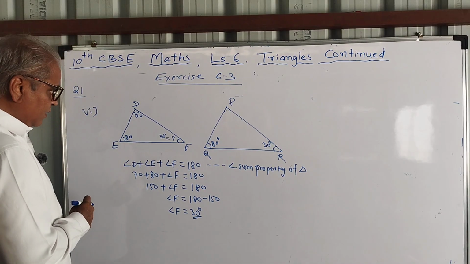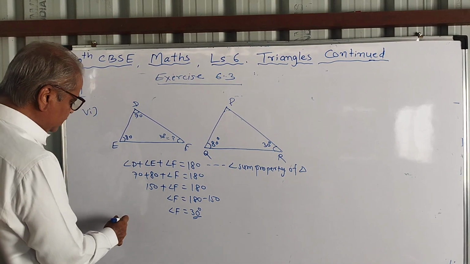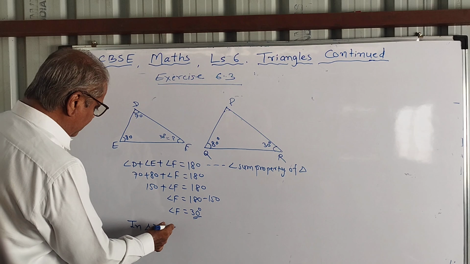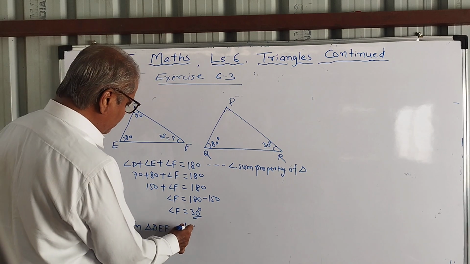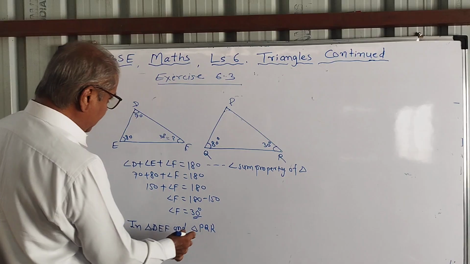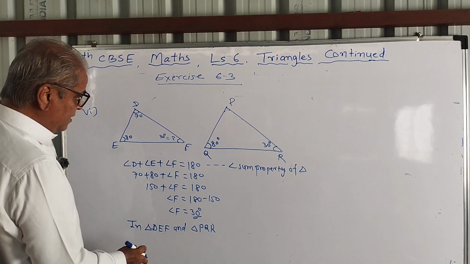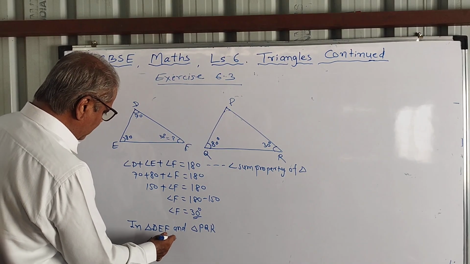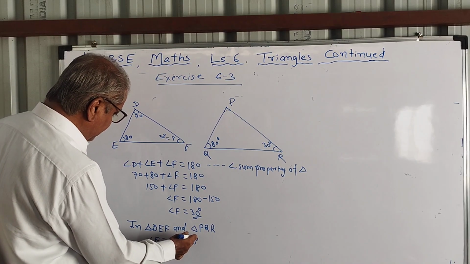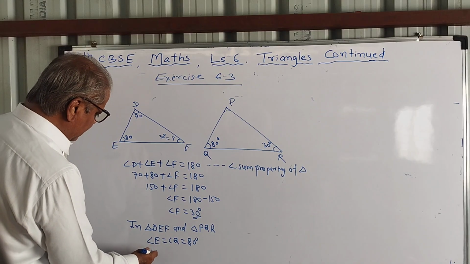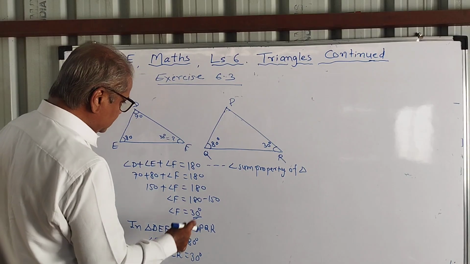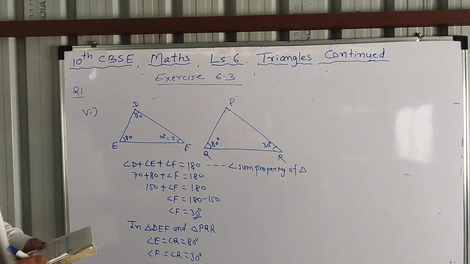Now look at it, I want only two angles. So in triangle DEF and triangle PQR, angle E is equal to angle Q, which is 80 degrees, and angle F is equal to angle R, it is 30 degrees. So showing only two angles is sufficient because of the AA criterion.